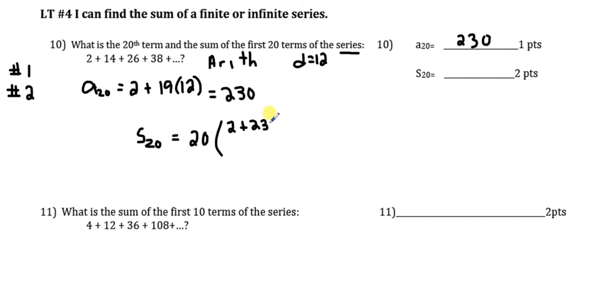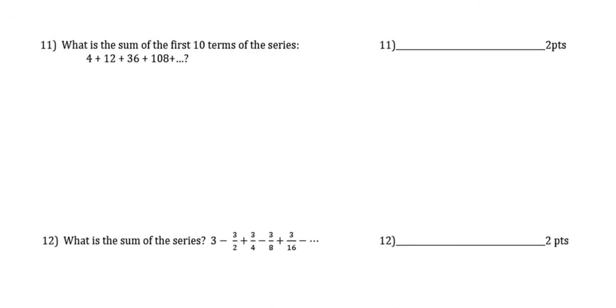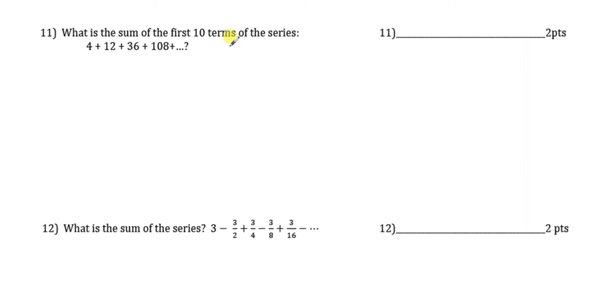That's why we have 2 different formulas that we use, all divided by 2. And if you notice, I could reduce this fraction down. 20 over 2 is 10. So I have 232 times 10. And you can do that on your calculator if you want, but hopefully you can know 232 times 10 is 2320.